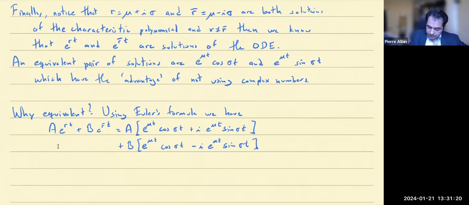And so we can write this as some constant C1 e to the mu t times cosine sigma t plus some constant C2 e to the mu t sine of sigma t by just taking C1 to be a plus b, and C2 should be i times (a minus b).